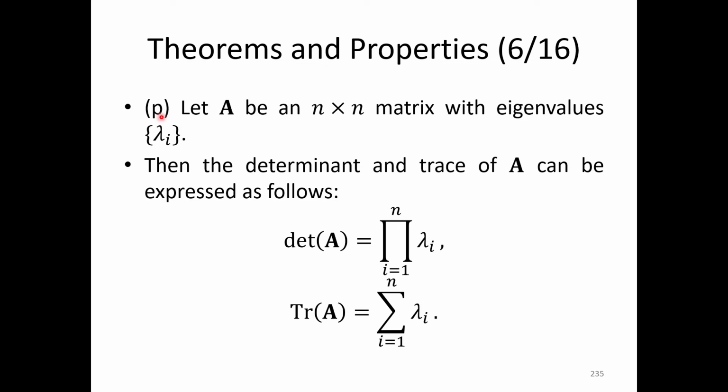1.9.2. Let A be an n by n matrix with eigenvalues lambda I. Then the determinant and trace of A can be expressed as follows. The determinant of A is equal to the product of lambda I from I equal to 1 to n, and the trace of A is equal to the summation of lambda I from I equal to 1 to n.